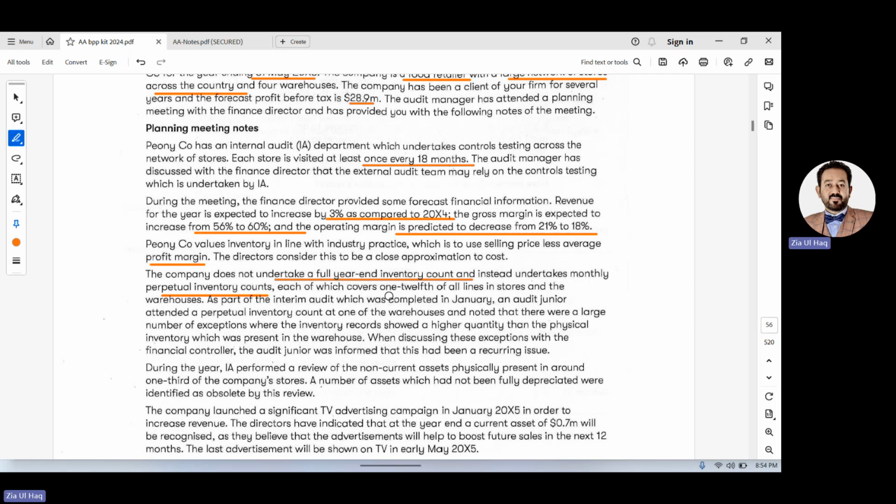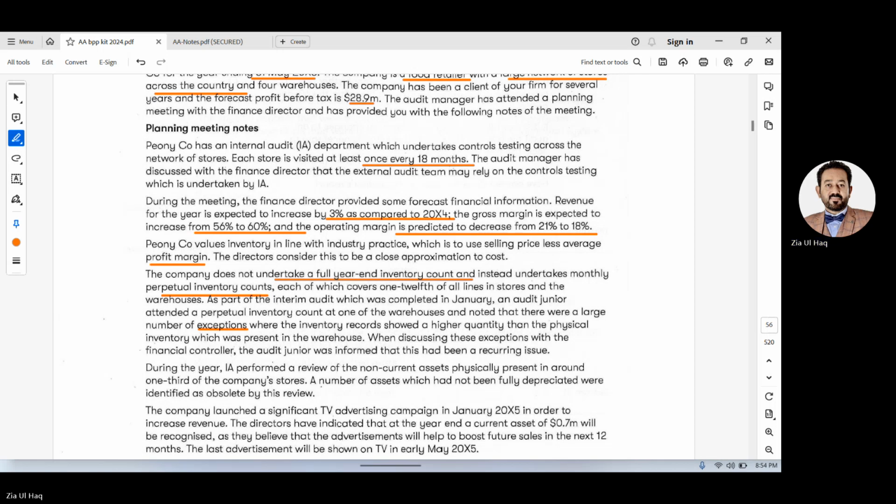Each count covers 1/12 of all items in store and the warehouse. As part of this interim audit, which was completed in January, the audit junior attended a perpetual inventory count at one of the warehouses and noted a large number of exceptions, meaning the inventory record showed something different while physical inventory was different.